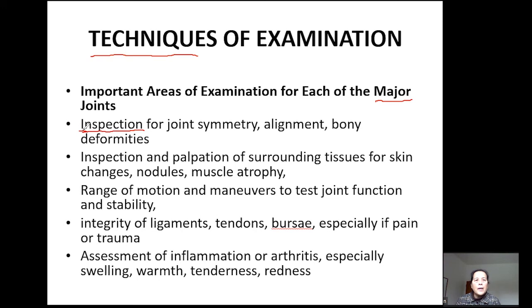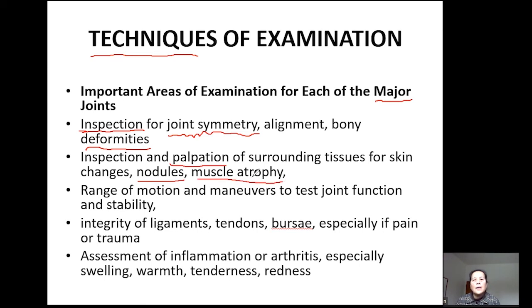So what do we inspect for? Both sides of the joints should be symmetrical, meaning the same, and the shape is normal. So that's our inspection, where we can compare. Then we palpate to see if there are some nodules or some muscle weakness.